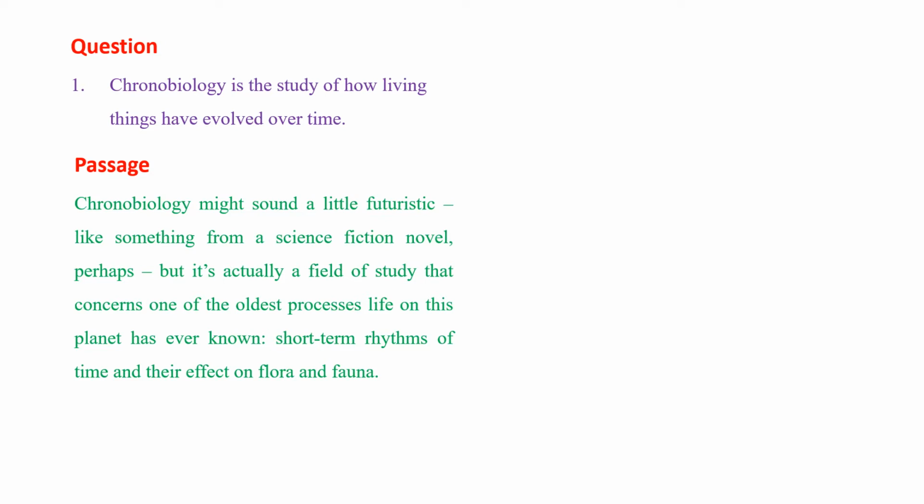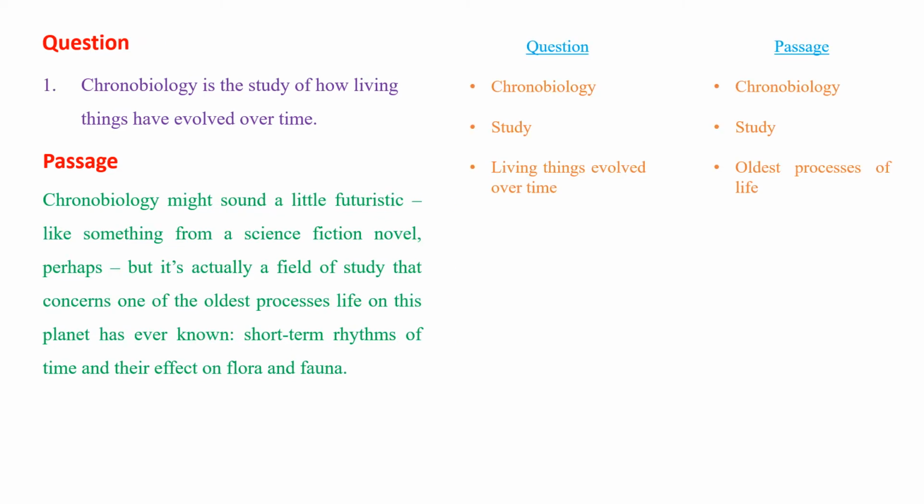This is what the author says about the study of chronobiology. The first thing you will have to do once you find the answer is to compare the keywords given in the passage and the question statement. The keywords from the question and the passage are here. Now, let's start comparing them. Both the statement as well as the passage speak about chronobiology, specifically the study of chronobiology.